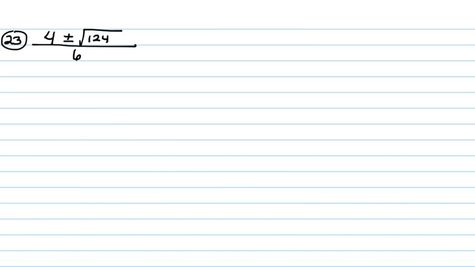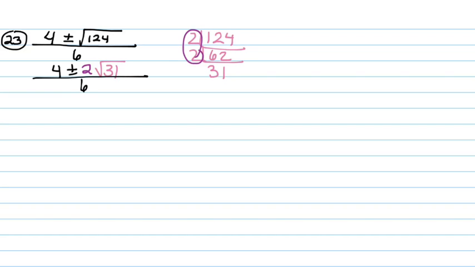This next problem, 124 is not something I can take the square root of. So I need to divide, give me 62. And I'm going to divide that by 2, and gives me 31. 31 is prime. I have a set of 2's that came out, and the 31 got left behind. And so I have 4 plus or minus 2 square roots of 31 over 6.